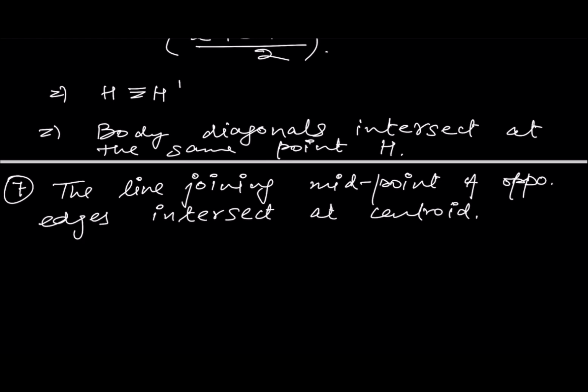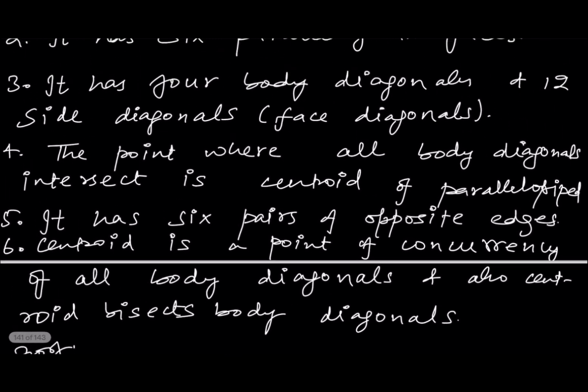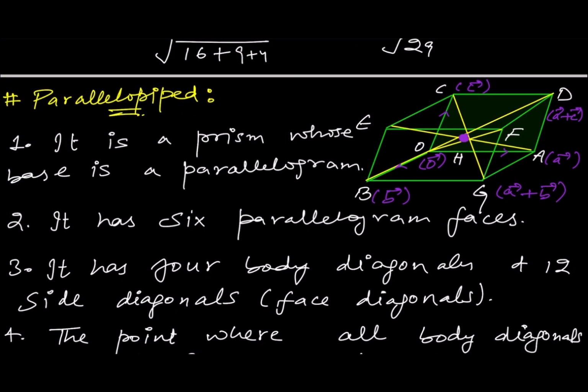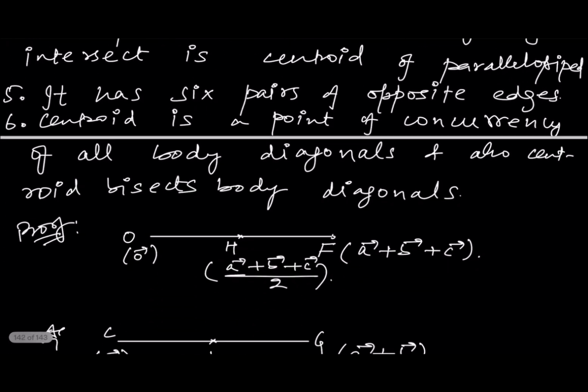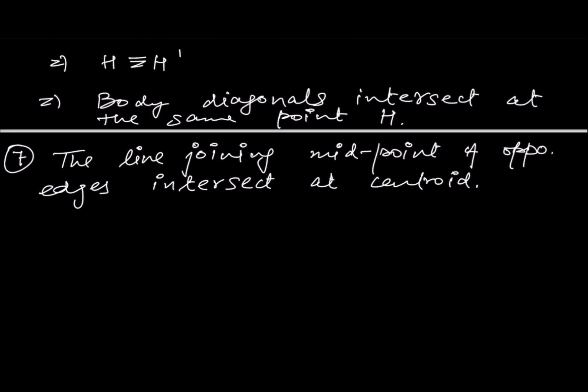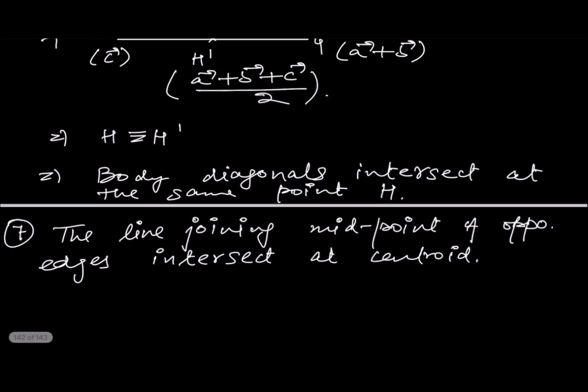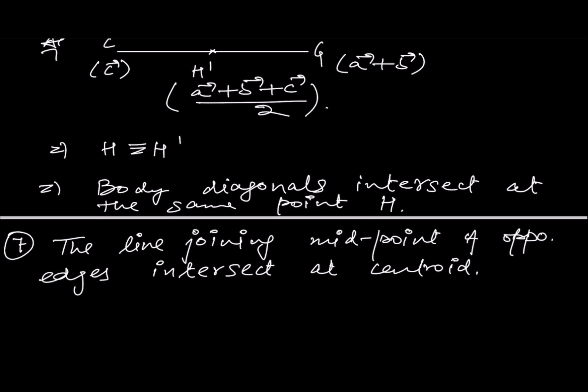Also, lines joining the midpoints of opposite edges means if I am joining the midpoints of BE and AD, and CE and EG, then they will also meet at the centroid of the parallelepiped. So these 7 points were to be discussed in this parallelepiped.